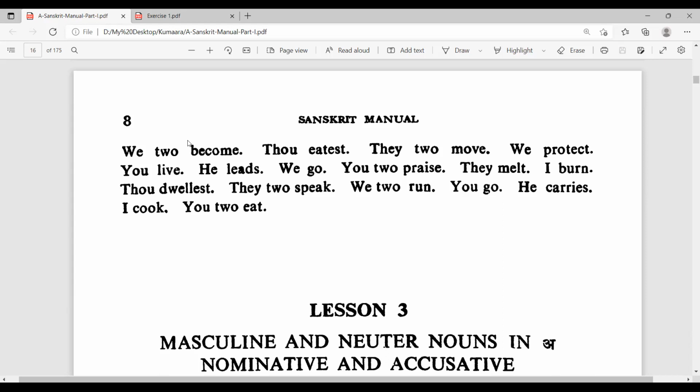We too run. You two praise. Yuvam prashamsathaha. Shamsataha, Madhyama Purusha, right? Yes. They melt. I don't remember the word for melt.